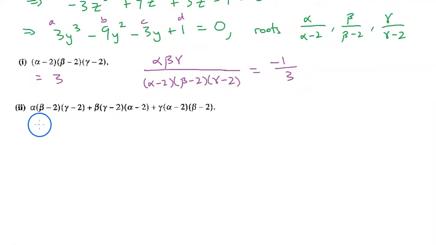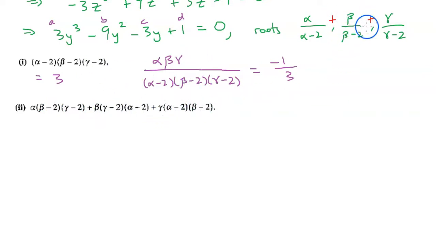Now the last part of this question asks us to find this sum here, and you stare at it for a little while, and then you realize that if you add the roots together, then on the denominator you're still going to have this product alpha minus 2, beta minus 2, gamma minus 2, but on the top you're going to have this thing here.